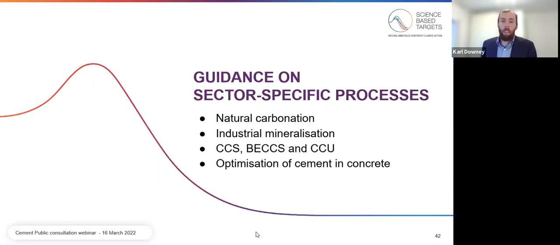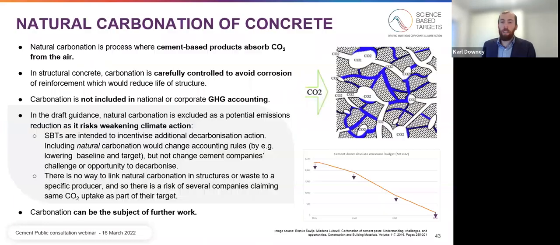Great. So we'll move on now to this section about guidance on cement and concrete specific processes. The first of these, which had a lot of discussion in the expert advisory group, was natural carbonation of concrete, sometimes called natural cement recarbonation.